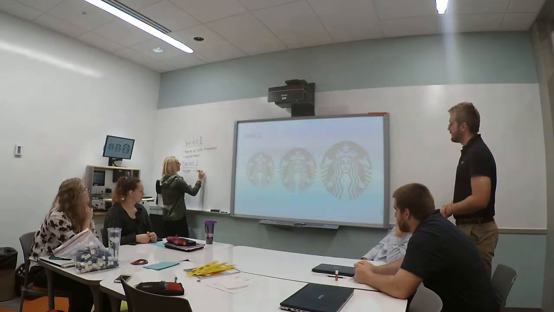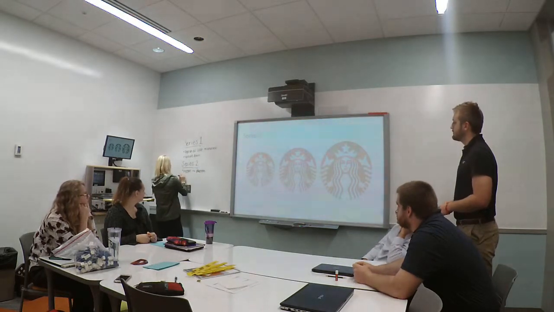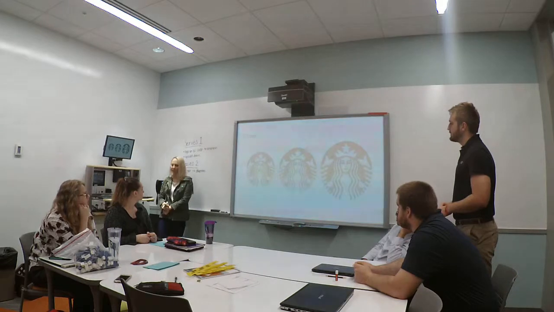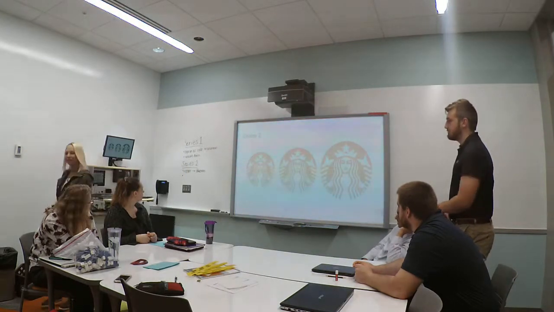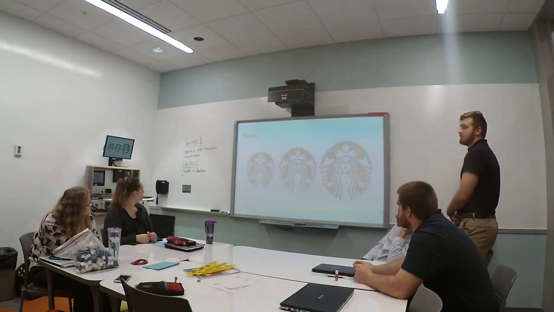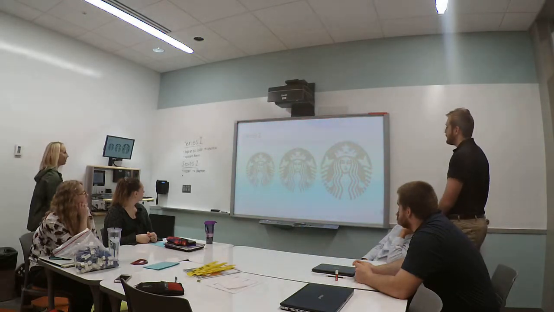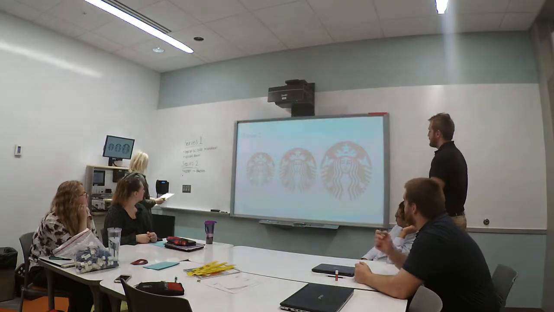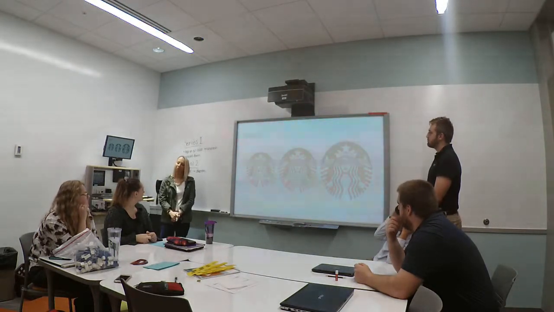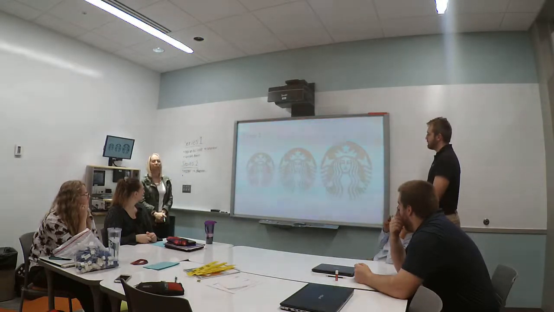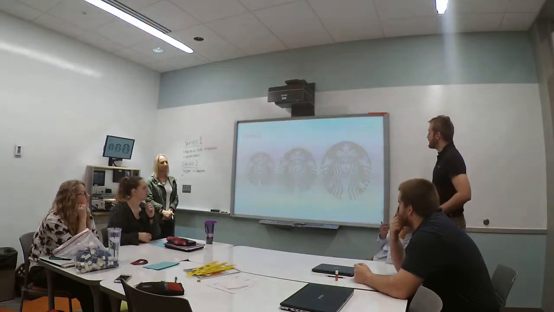Do you guys notice anything else that's going on? What about the size of the circles or anything? What do you notice about that? Think about some of the properties of a circle.